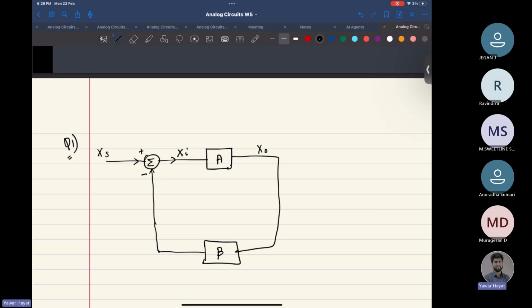So if this is the feedback arrangement, and suppose your X naught is 0.5 volt, and your XF, suppose that is 0.5 volt. Your XS is 1 volt. You need to find what is XI. Simple problem, right? So how should we proceed on this one?